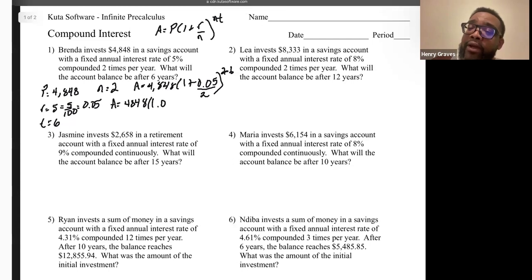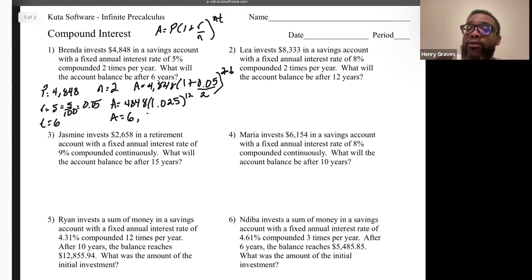So let me see what my final answer is going to be. 4,848 times 1.025 raised up to the 12th power is going to be, look at what happens to her money. It now becomes $6,520 and 22 cents. Not bad after 6 years.